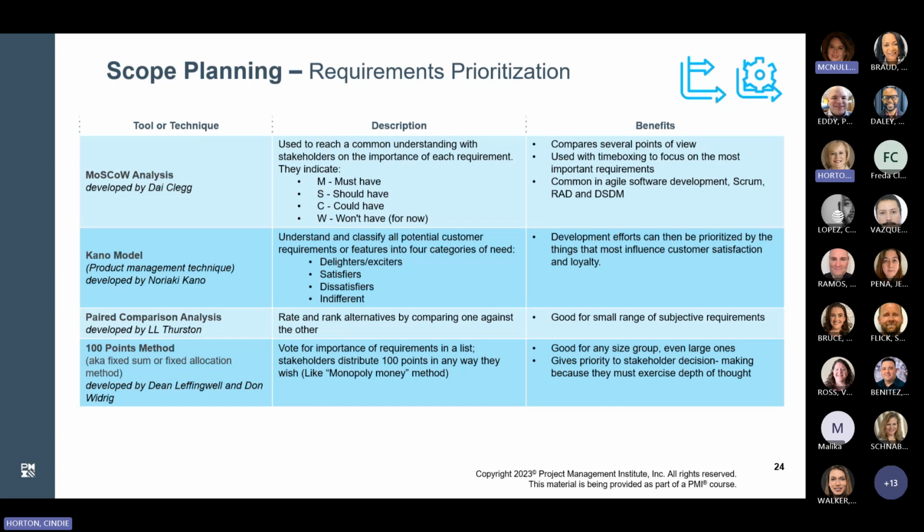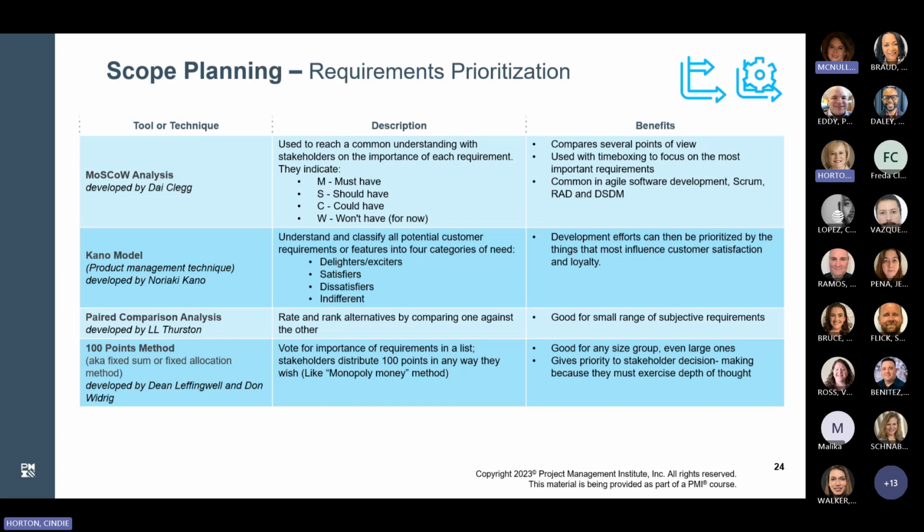A key benefit of this technique is that it facilitates the comparison of several points of view, right? So we get to hear from different people as to what they think. The Kano model is a project management technique developed by Noriaki Kano, and it prioritizes requirements based on the degree of customer satisfaction.